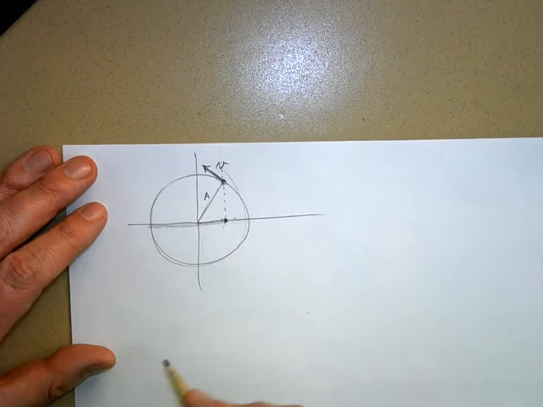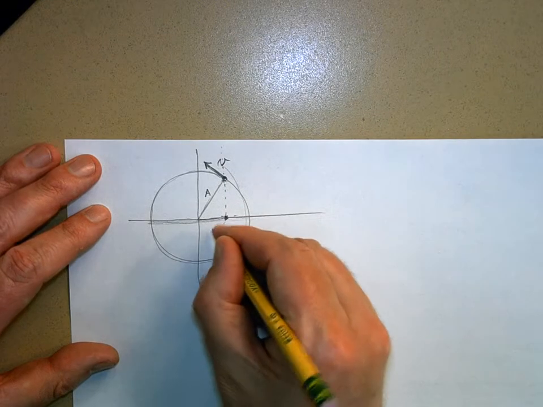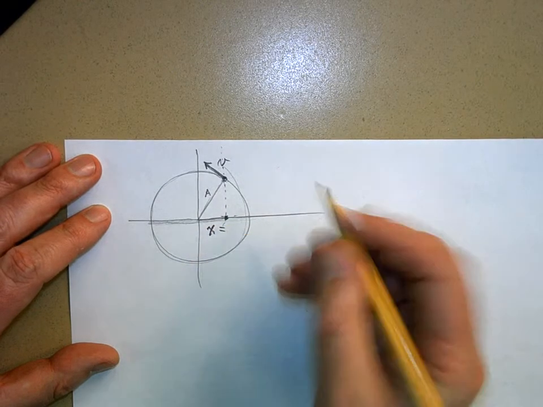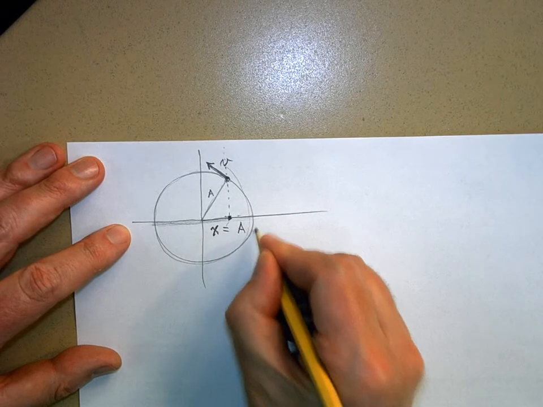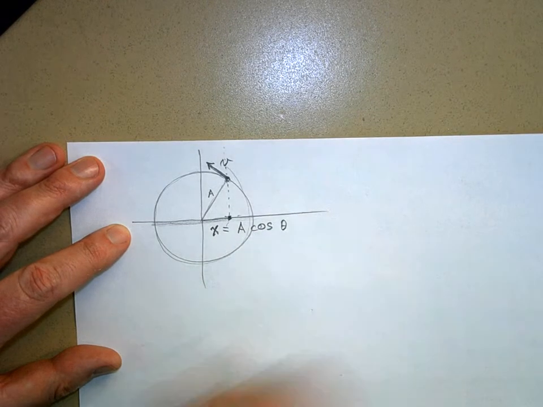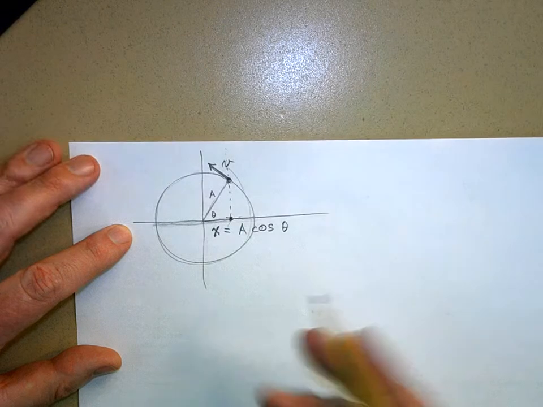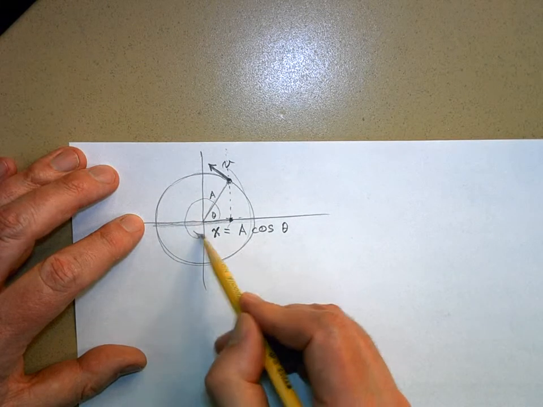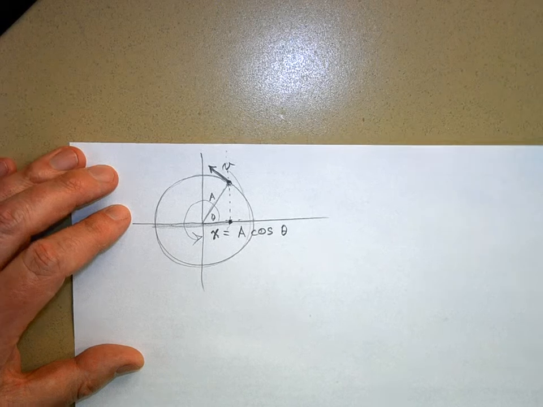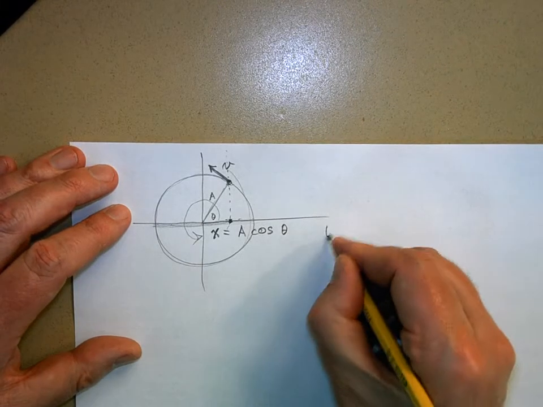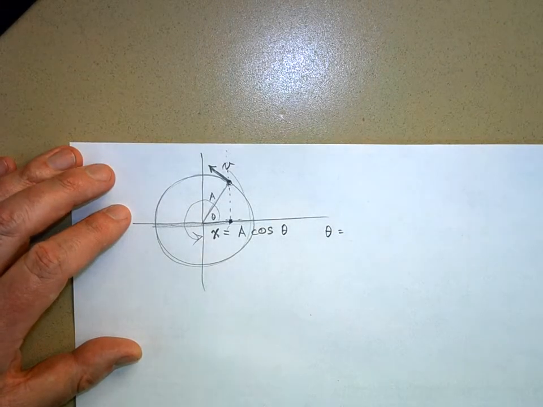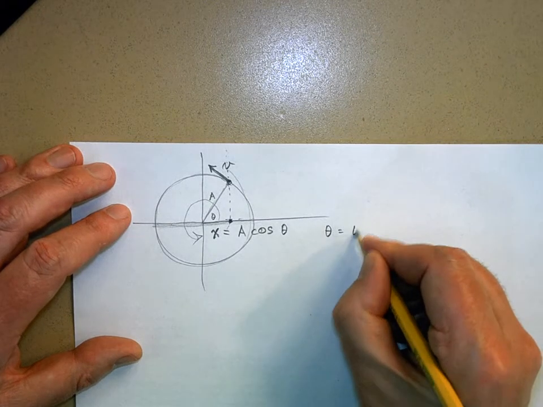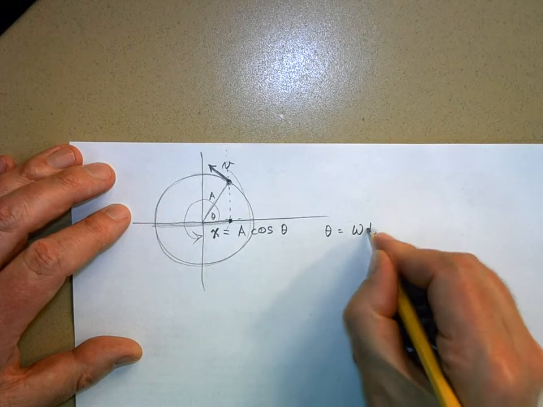Now, if I were to look at the x position, x is equal to A cosine theta, right? If this is theta. But theta now is changing with time. Theta is moving with a constant angular velocity. So really, theta right here is equal to the angular velocity times time. Remember the kinematic equation?